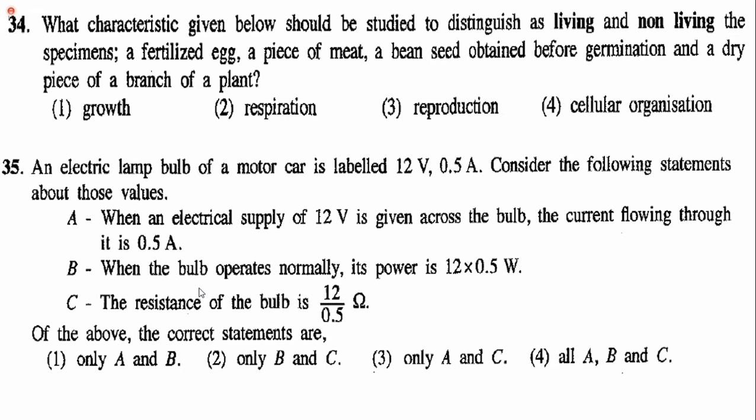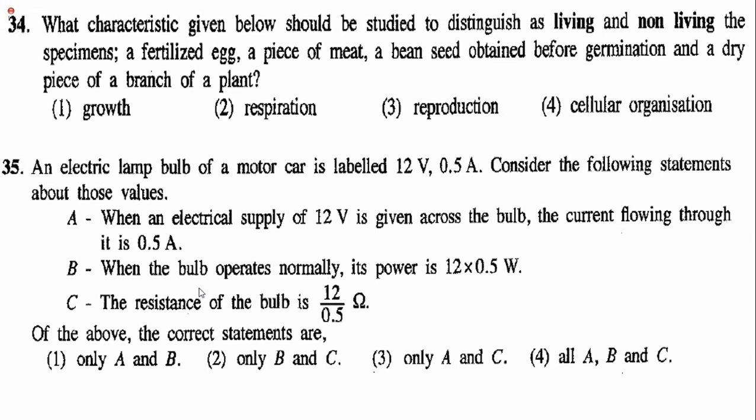Based on these values, they have asked about some things. When an electric supply of 12 volts is given across the bulb, the current flowing through it is 0.5 ampere.